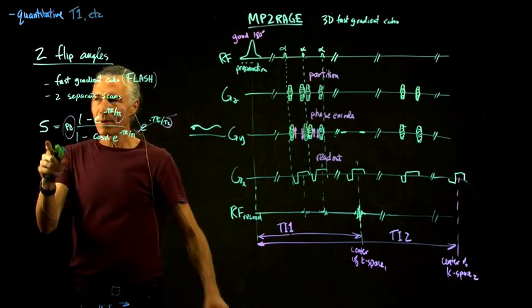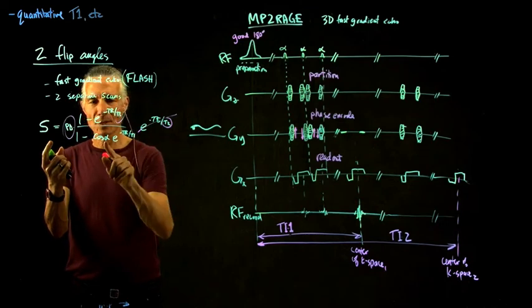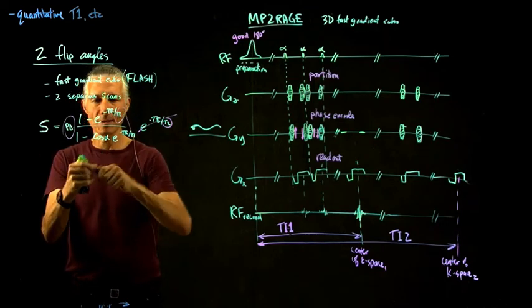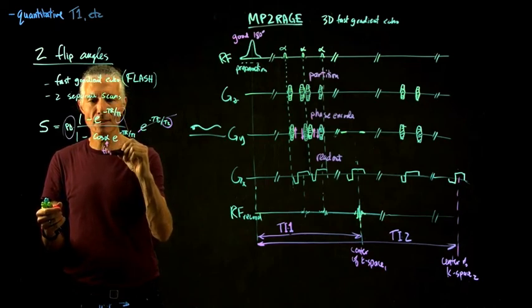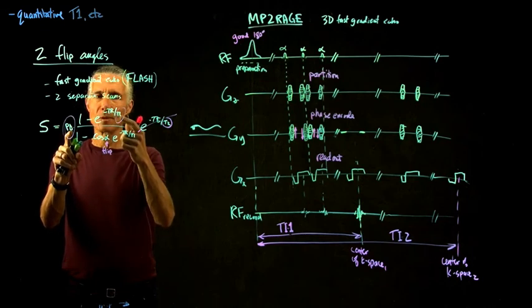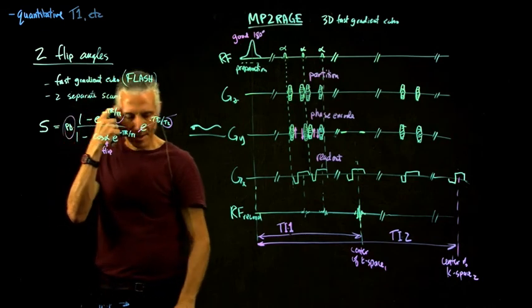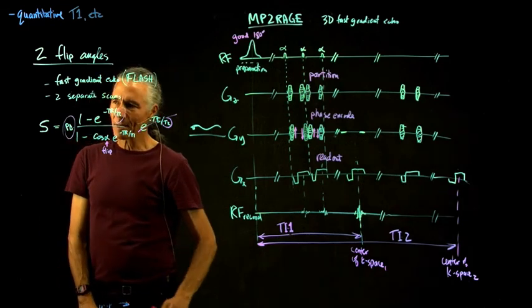However, if you've got two scans like this with different flip angles, then you have two equations. You can solve two simultaneous equations and figure out proton density and T1. That's basically the way this method works.